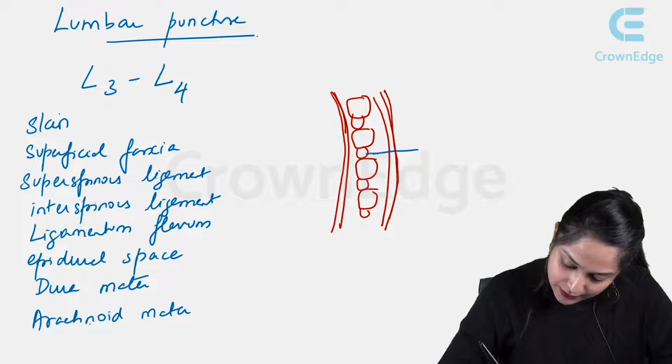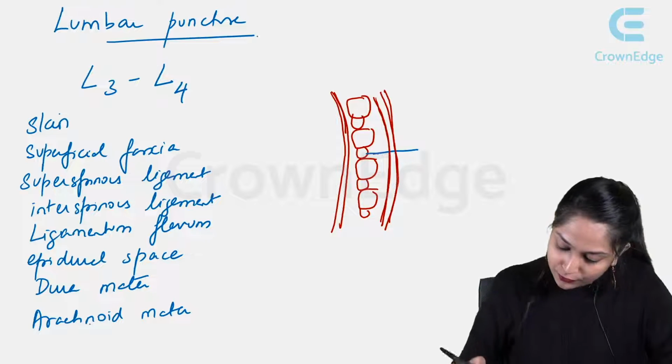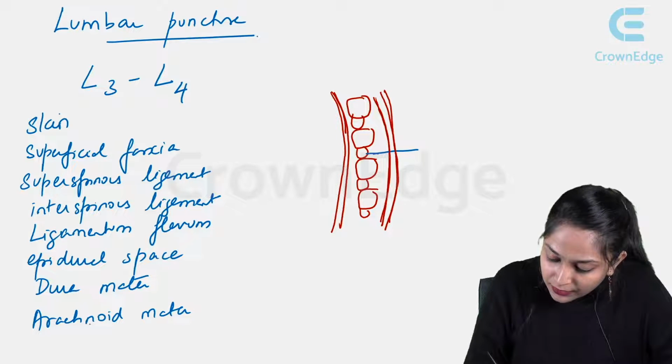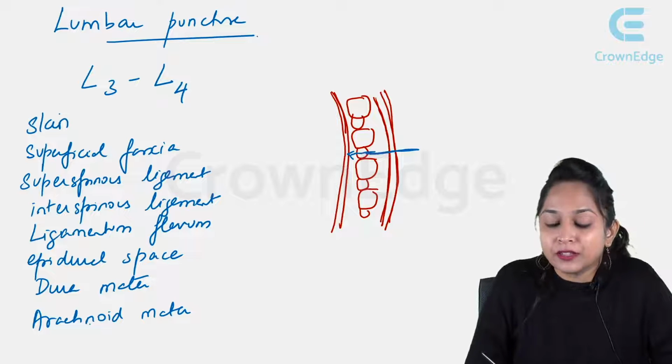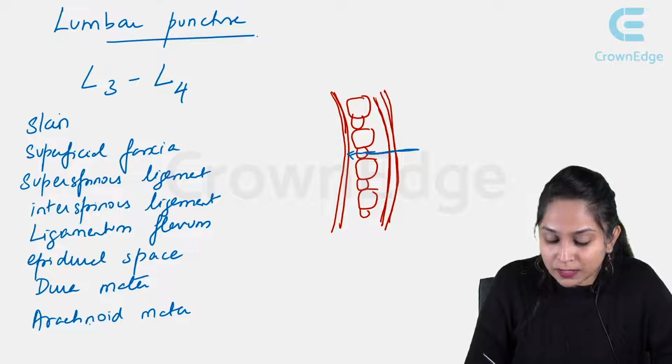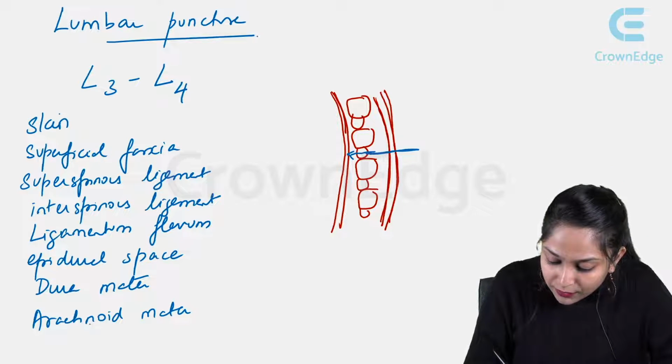The first layer is the skin. The second layer is the superficial fascia. Now, when the needle is injected, this is the interspinous ligament. So the first give happens when it reaches the ligamentum flavum. So here is where the lumbar cistern is approached.